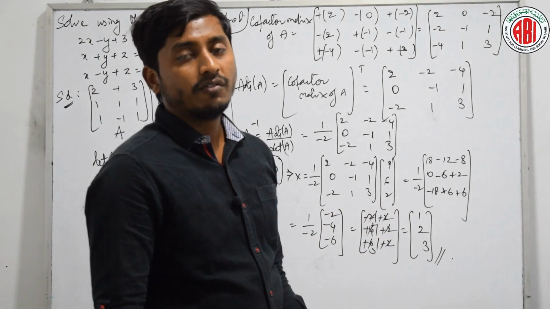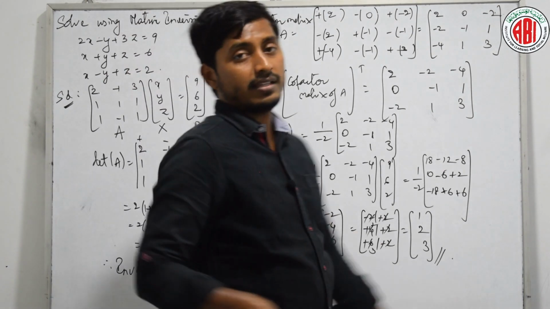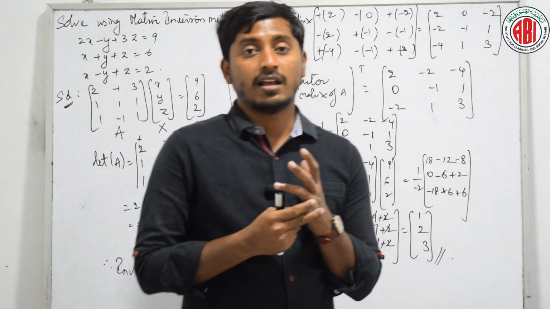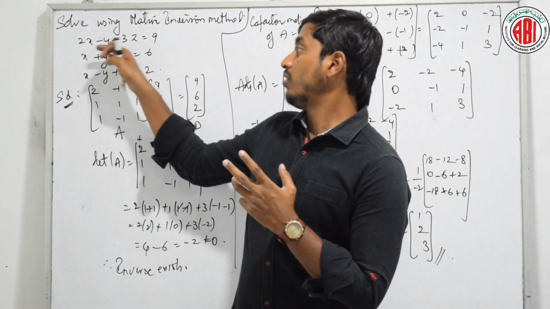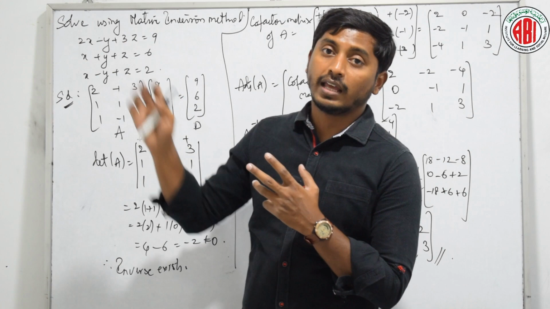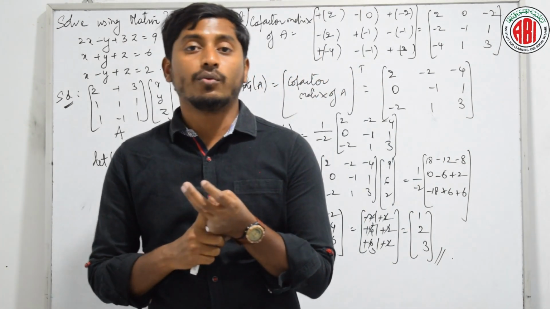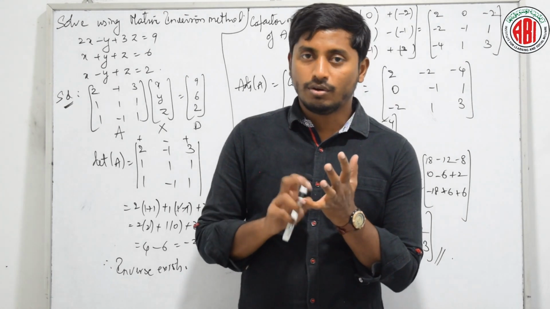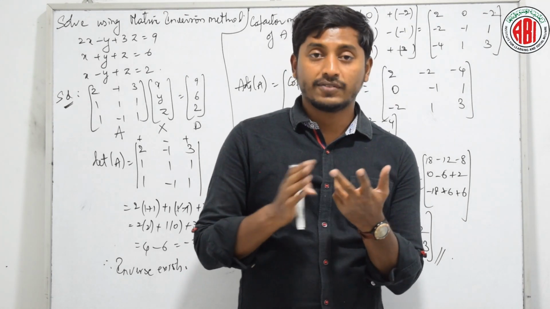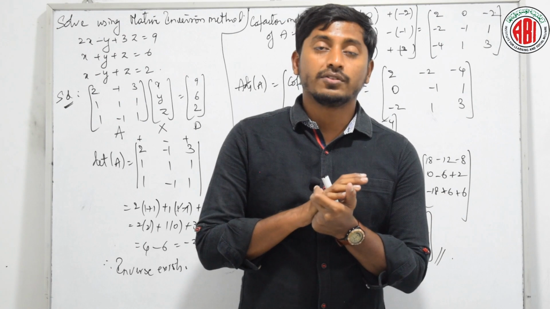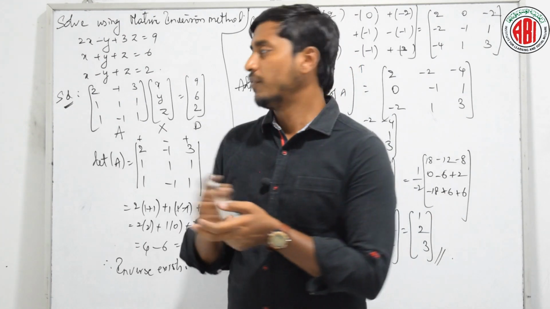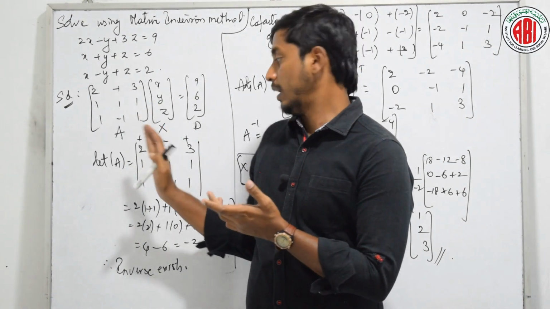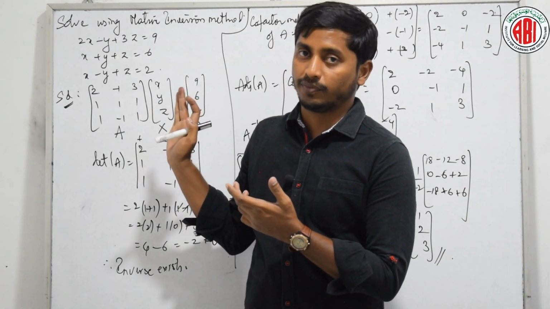Is it clear? What did we learn in this session? We learned, when the given equations are 3 equations with 3 unknowns, how to check whether these 3 equations are consistent or not. You know how to find the rank, right? And next we learned how to solve using Cramer's method. How do we do it? First we take the determinant of A, then det 1, det 2 and det 3 by replacing the first, second and third columns respectively.